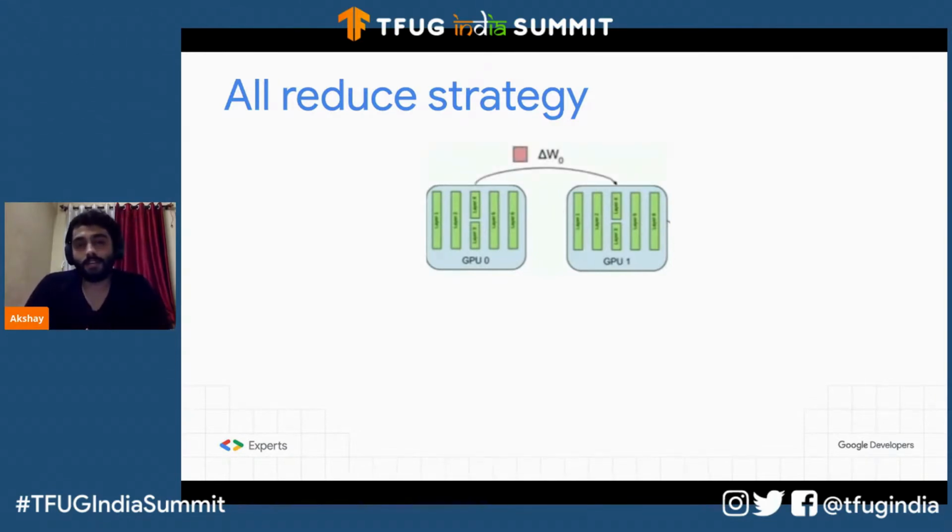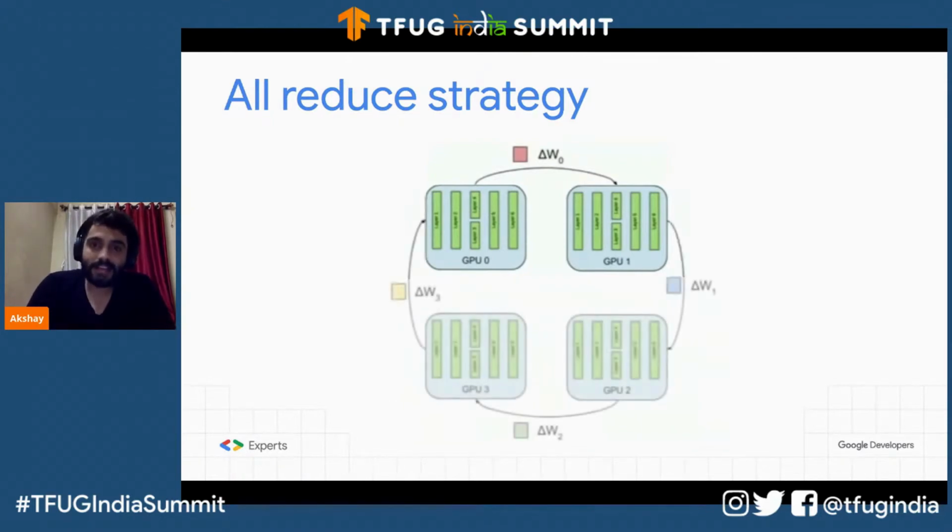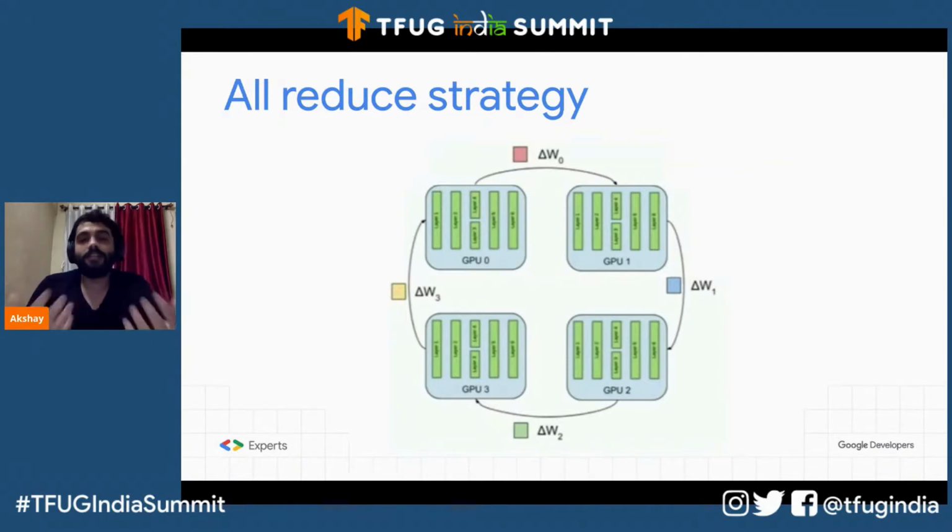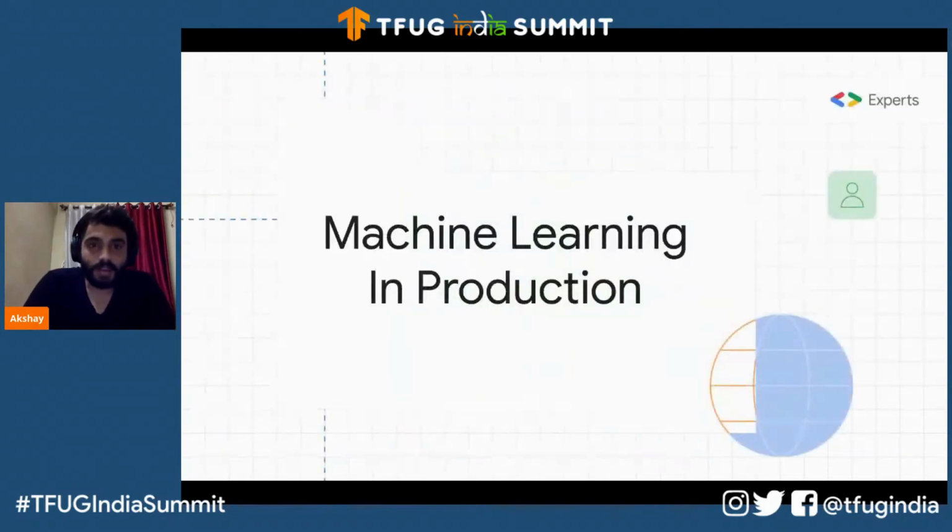It will talk to GPU 1 and send it the weights. Then this GPU will talk to the next GPU, and similarly it forms a cycle. So we are not dependent on a single service or a single parameter server. We are internally exchanging weights and calculating the weighted average of these weights for the next epoch. So this became quite popular and it solved a lot of problems for us.